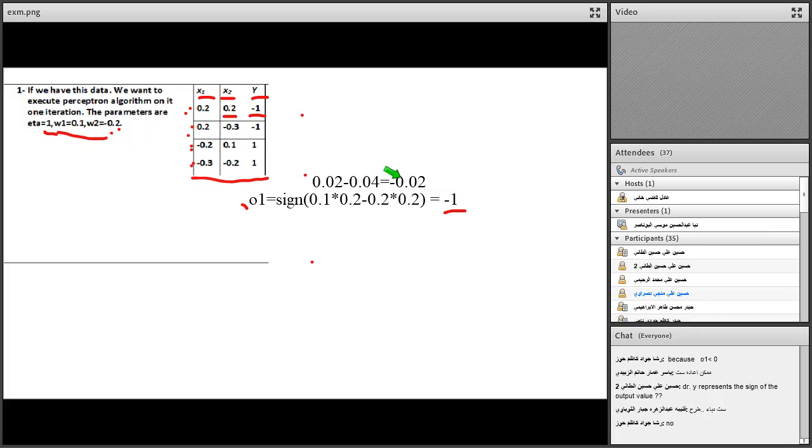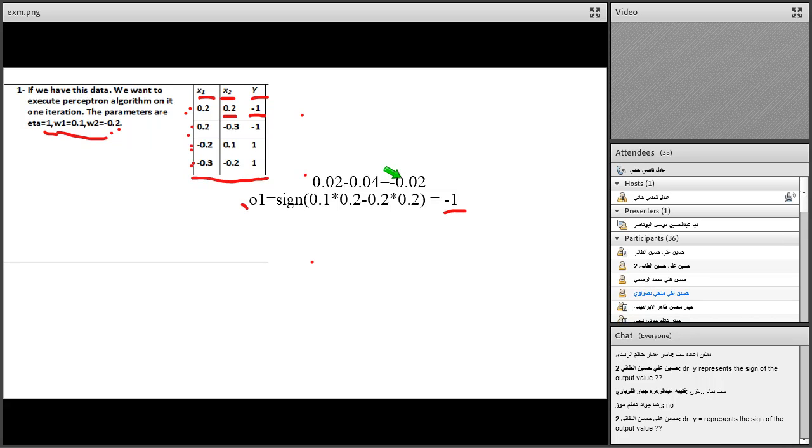Sorry, doctor. X1 multiplied by X2, minus or plus? Minus, because W2 is minus. W2 is minus 0.2. X2 is not minus; W2 is minus.